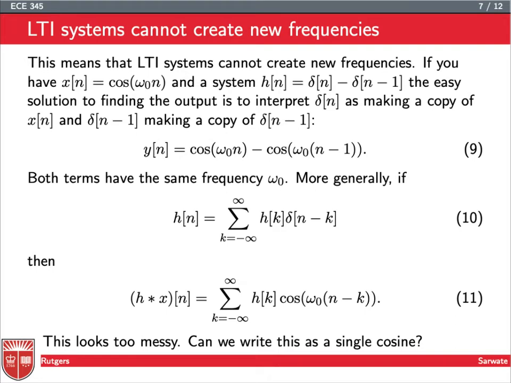Sure, it's an infinite sum of cosines, but what's actually true is that this is a single cosine. One thing to do would be to use really complicated angle addition formulas and a lot of trig, and then try to massage it into one form. Or you can just use this eigenfunction property that we just saw and compute the answer in just a few lines.